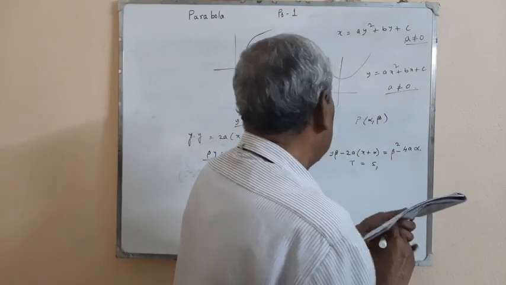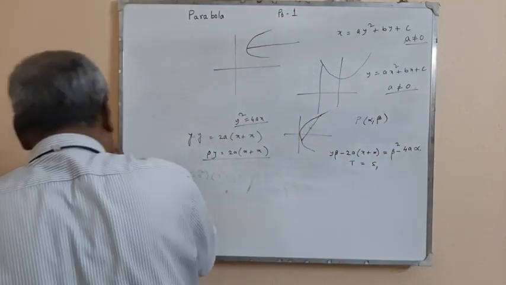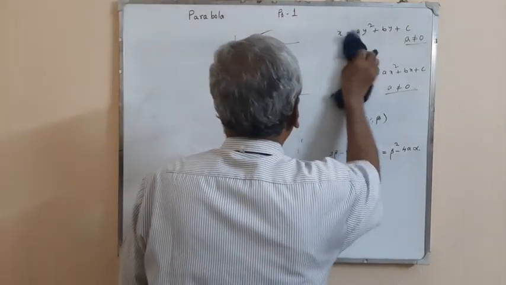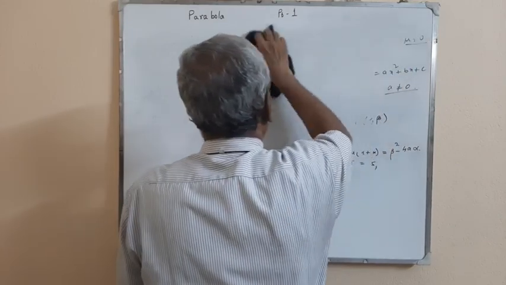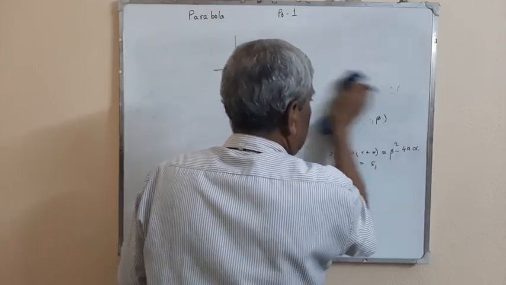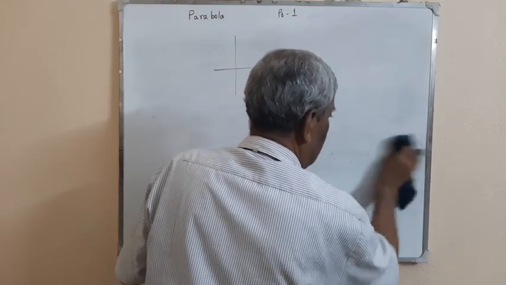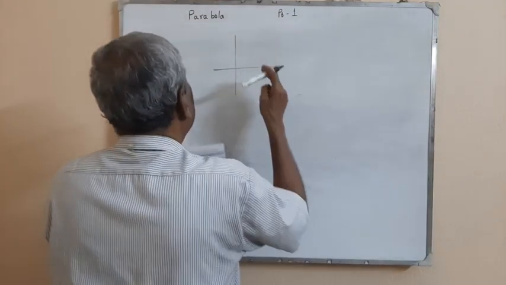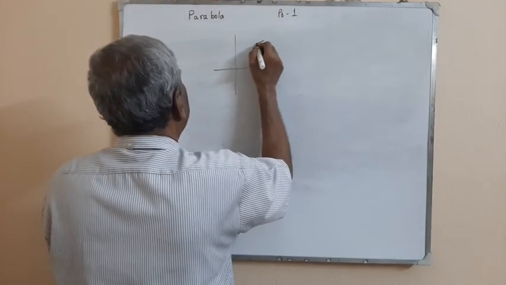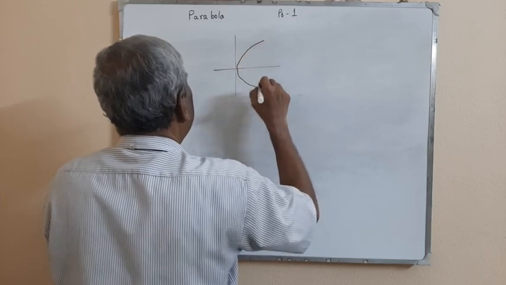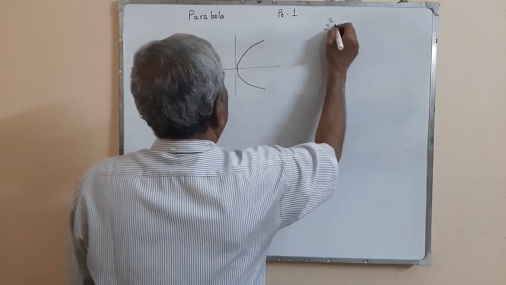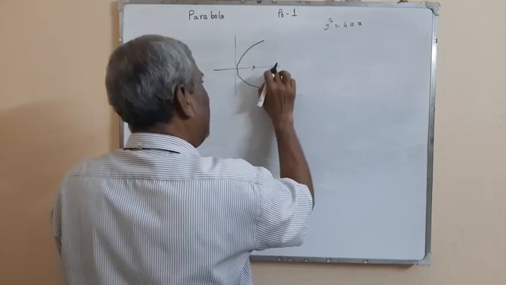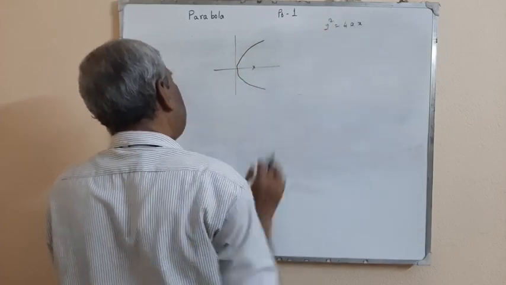Just one more property I mention. Suppose this is a parabola, y² = 4ax. This is the x-axis and axis of the parabola.